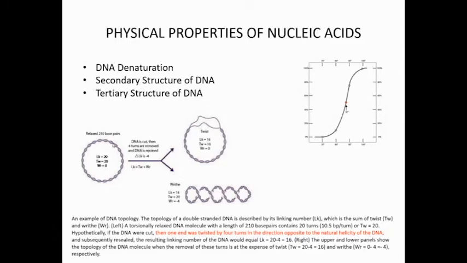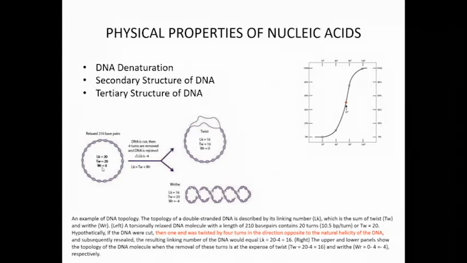If you consider the condition to be 10.5 base pairs per turn, then you divide 210 by 10.5, and that gives you 20. So that would be the twisting number, the number of turns.